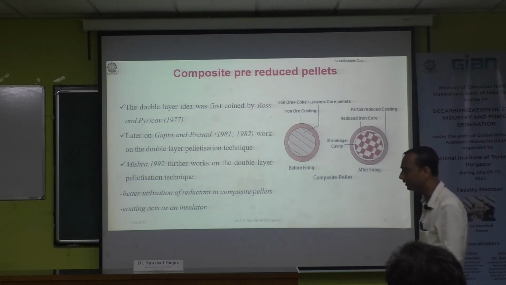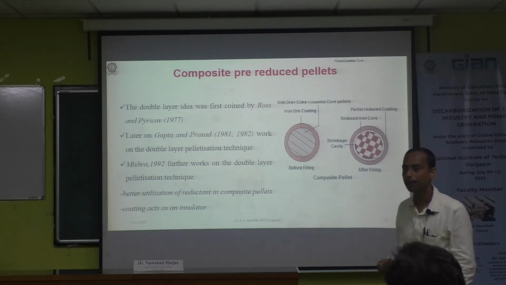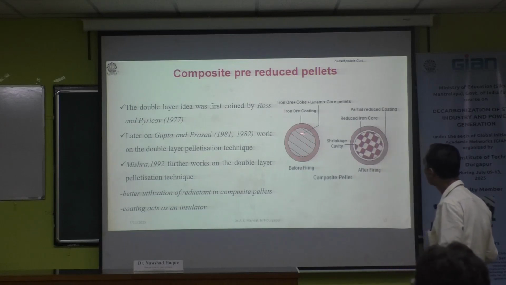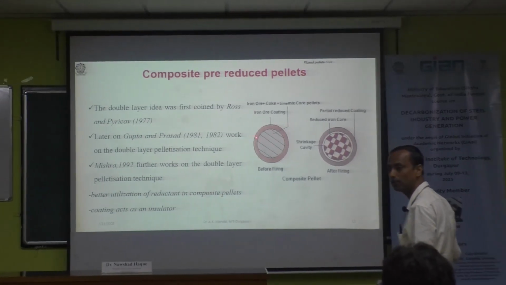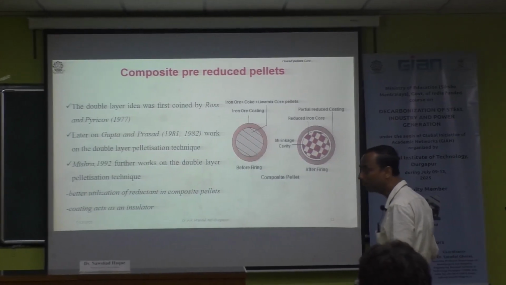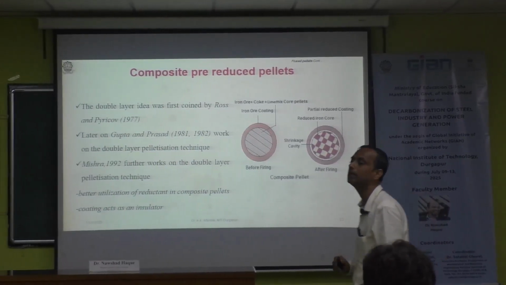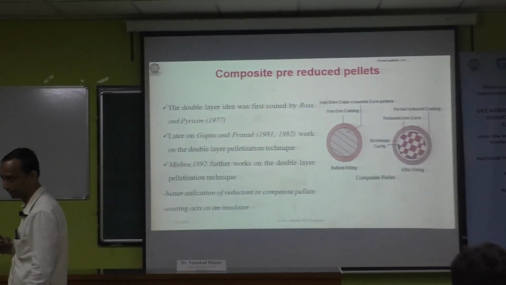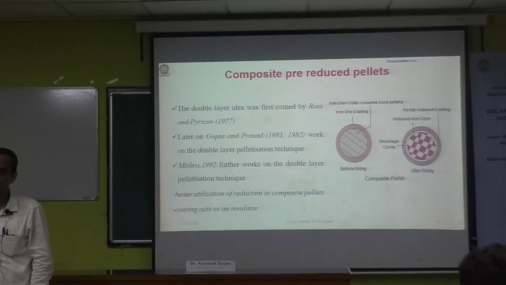So what is the benefit? When you go for the hardening operation, you can see this is the conventional composite pellet, but you are providing an insulating layer of iron ore fines. What is the advantage of this insulating layer?